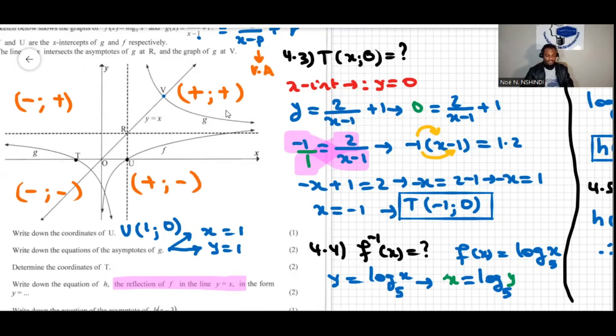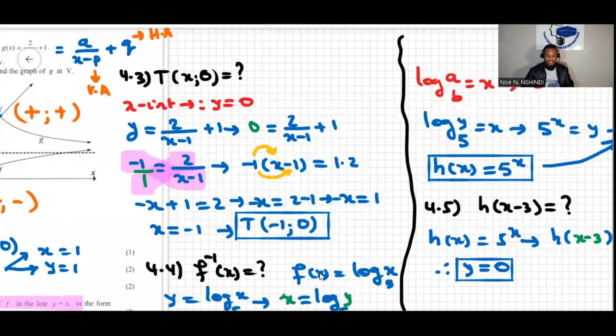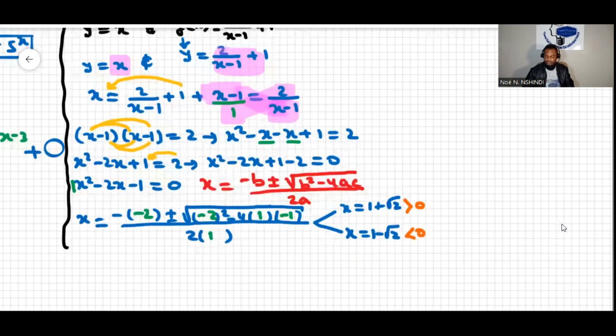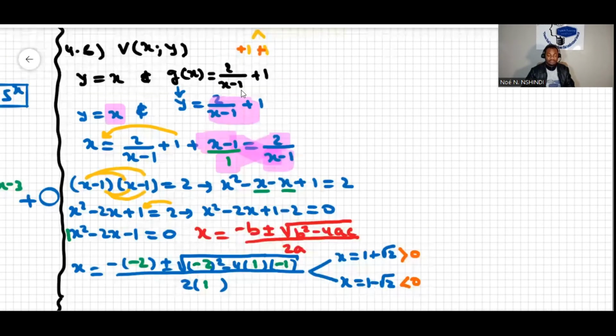So now, v being here, we're going to take it with a positive x value. Because it lies on that, it will be influenced. The value of y will be influenced by the value of x. So now that we find x, we can just find y by substituting the value in either this equation or that equation.